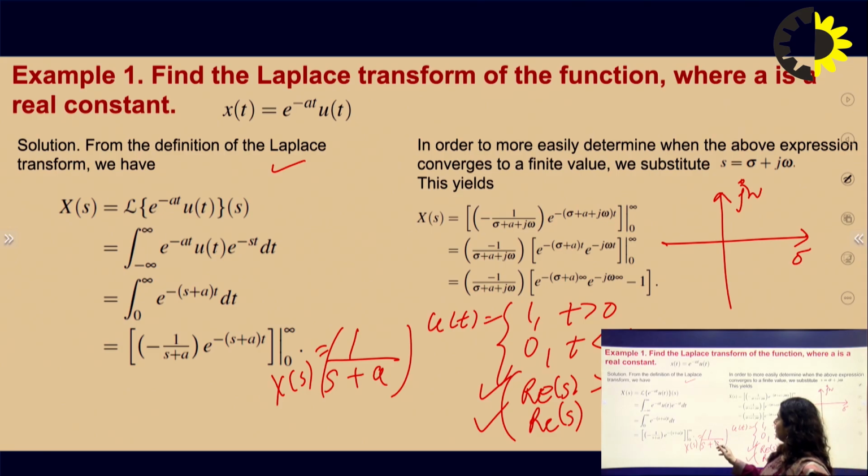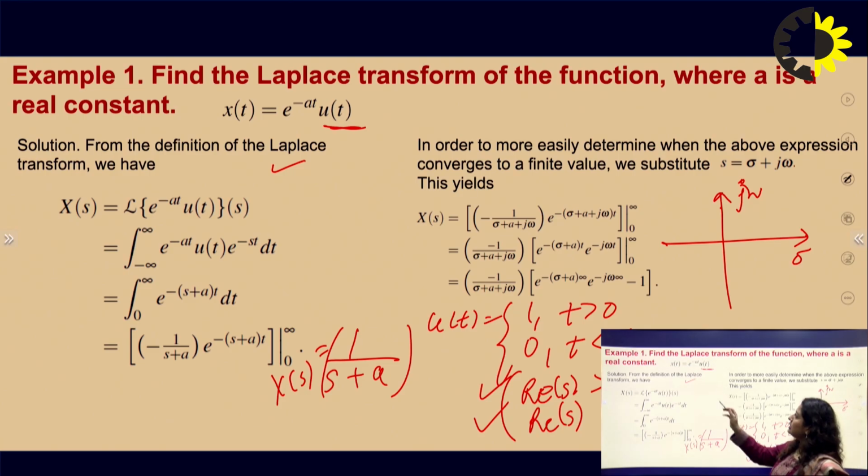When you see a question in which a signal is multiplied with a unit step function, the signal will automatically lie on the right side only. When there is a purely right-sided signal, the ROC will be real of s greater than minus a.